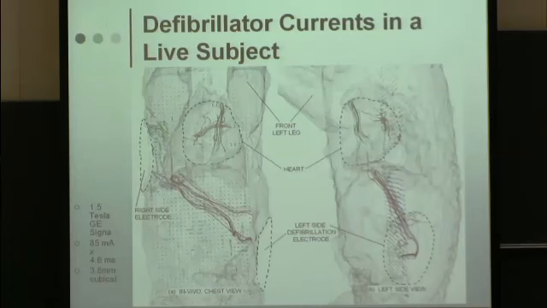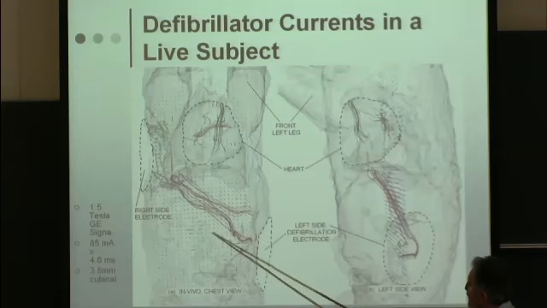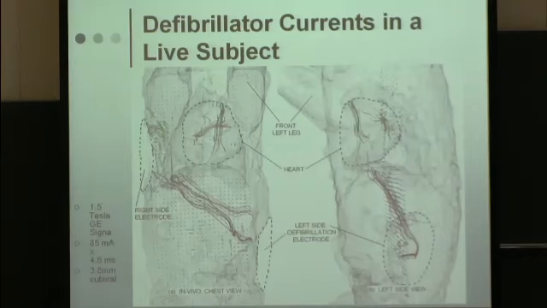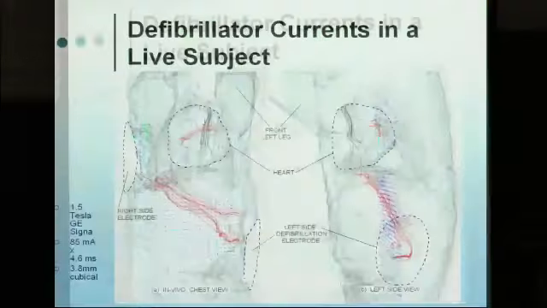So here you see these little arrows with computed current densities from the data obtained in the MRI machine. And you only see a few curves here just because otherwise the picture would be incomprehensible.